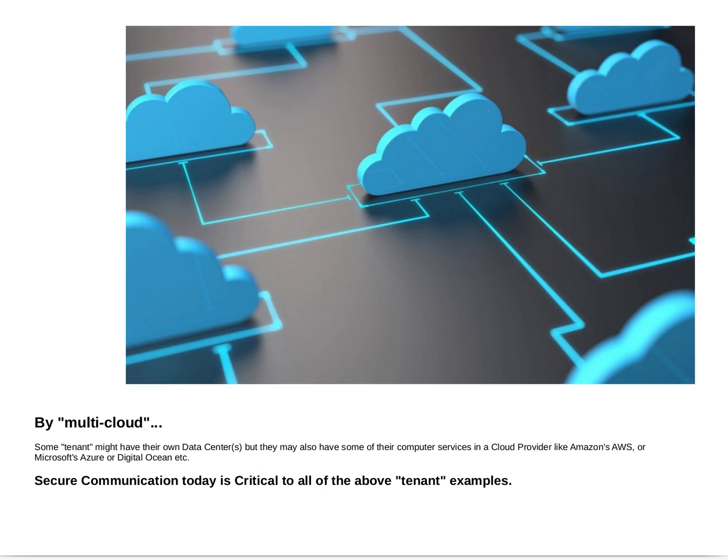By multi-cloud, some tenants or organizations may have their own data centers, but they might also have compute resources in various cloud providers like Amazon's AWS, Microsoft Azure, DigitalOcean, etc. But no matter where or how these nodes are implemented, secure communications is absolutely critical to all the above tenant examples.